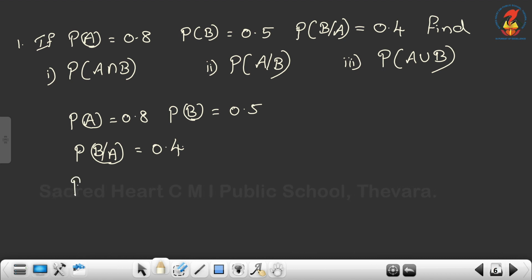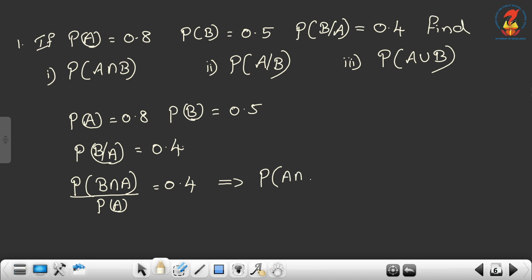What is P(B given A)? By the definition we can write it as P(B intersection A) by P(A). That is 0.4. Then P(A) is given, which implies P(B intersection A) is the same as P(A intersection B), divided by P(A).